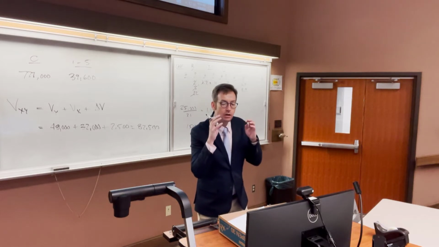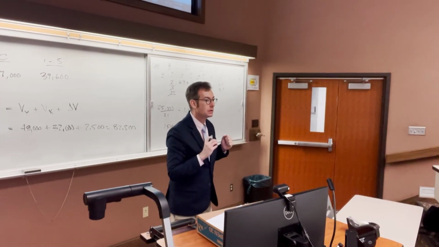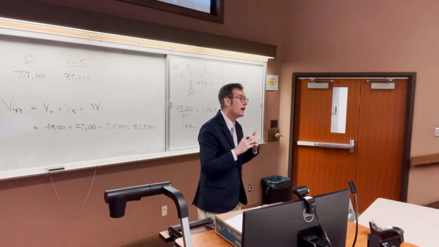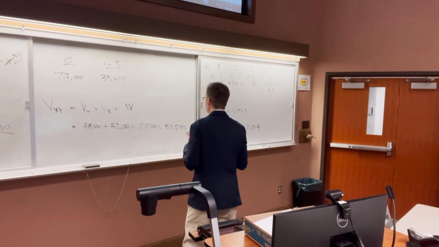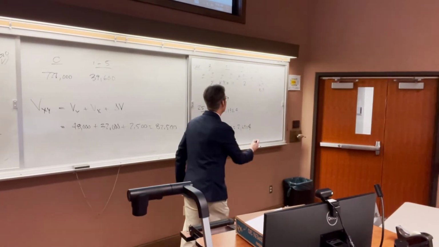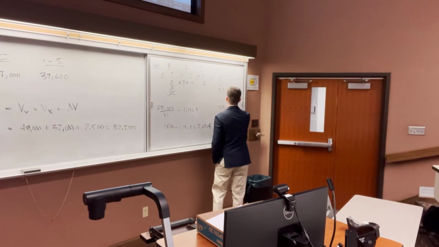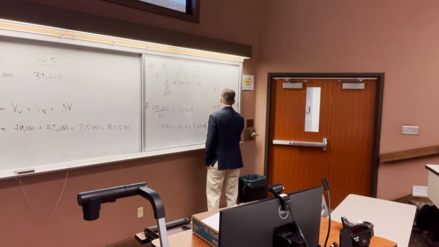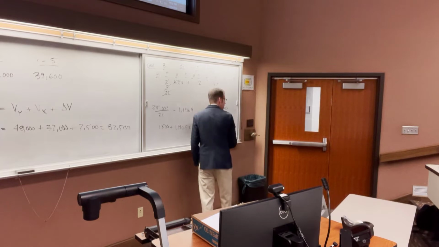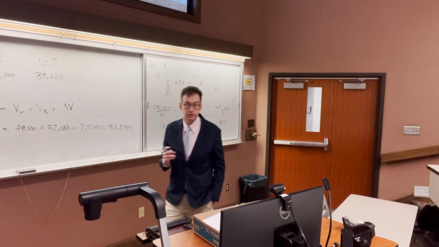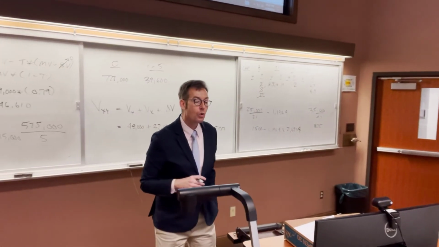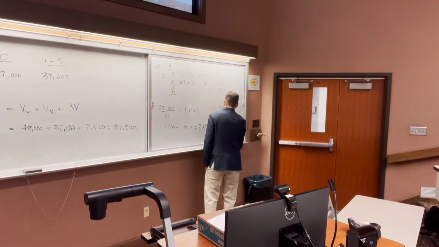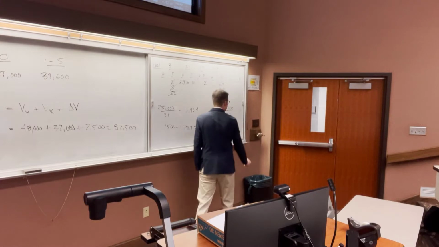How much is each share of Firm Y stock worth? 40. So we're going to take 35,000 divided by 40. That's going to be the number of new shares. What is 35,000 divided by 40? 875. Very good. That means we're going to have to issue 875 new shares of Firm Y stock. Firm Y beforehand had 1,200 outstanding. So I think now we have 2,075. Is that correct?